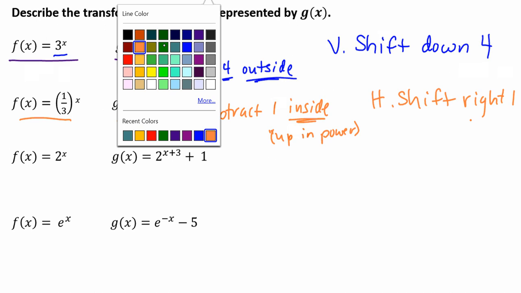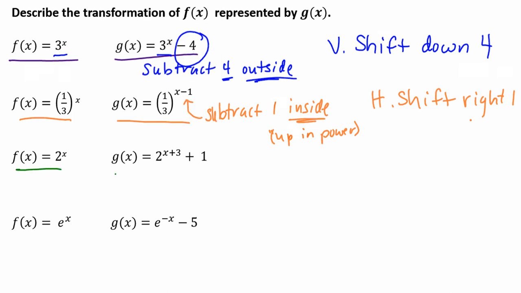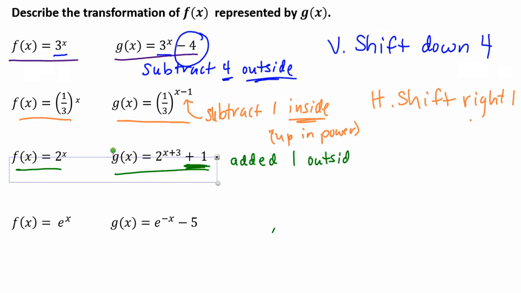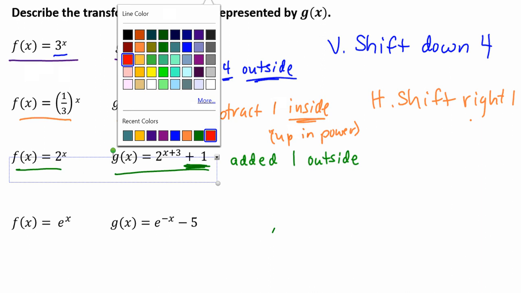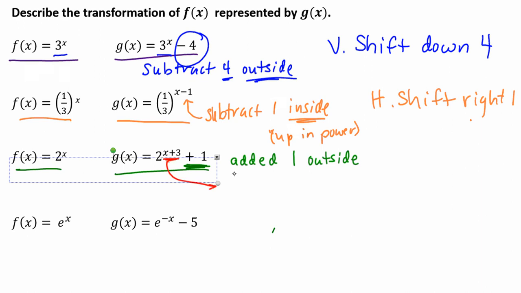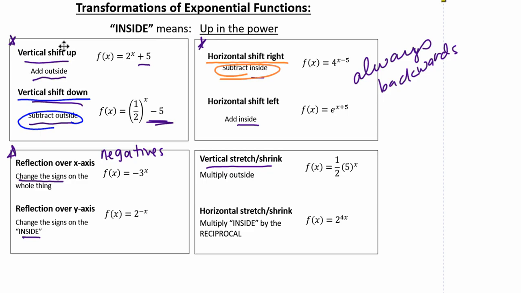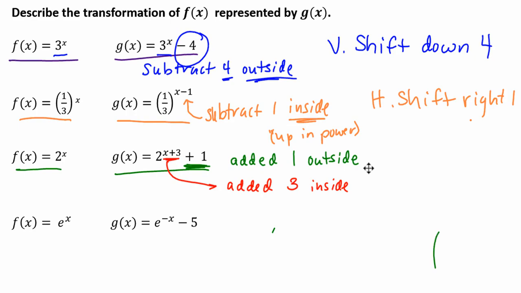Okay, let's look at this next one. Here's the original. Here's the new one. Now I noticed 2 changes. This change right here, where I added 1 outside. And I also see this change right here, where I added 3 inside. All right, well, what does it mean to add 1 to the outside? Like my cheat sheet, added outside's right there, so it's going to be a vertical shift.